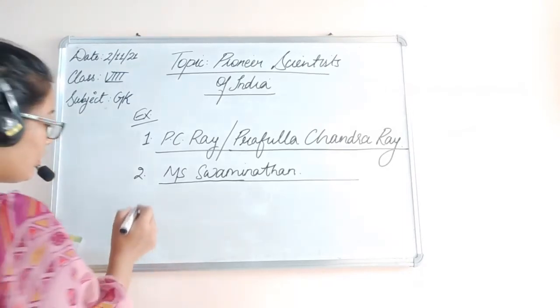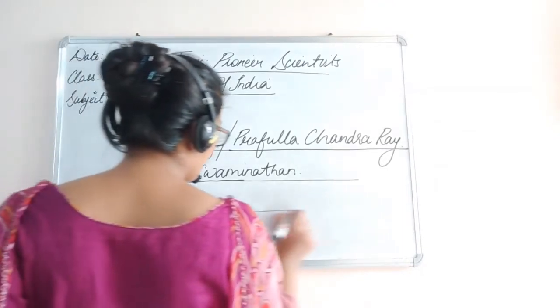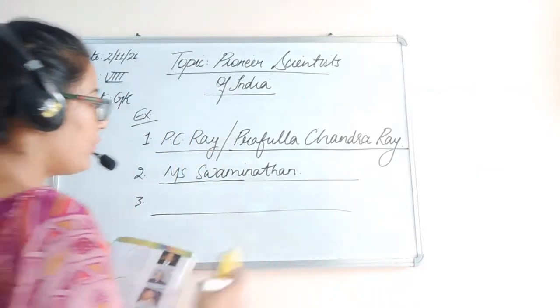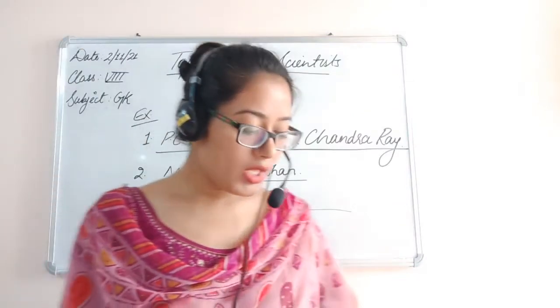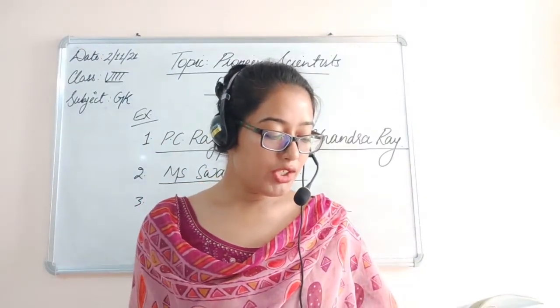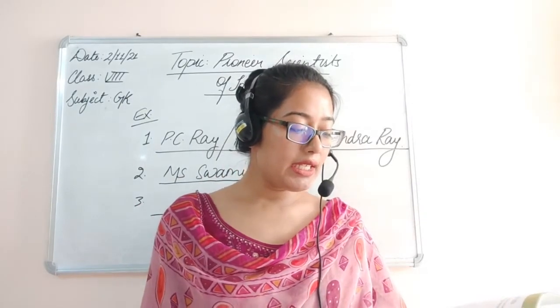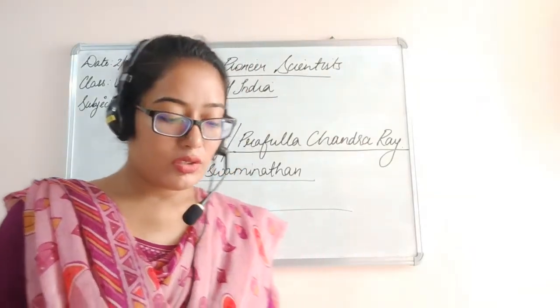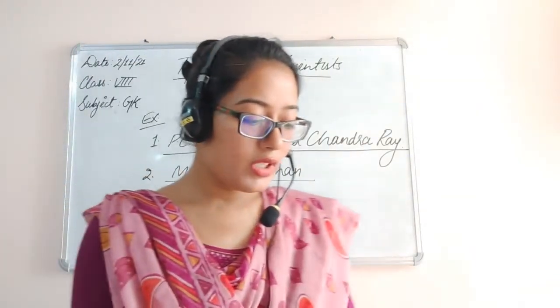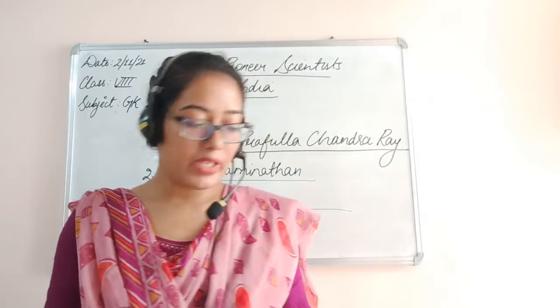Now let's move on to the third one. Who is the third person that we are going to talk about? He was a great mathematician and a physicist. He introduced statistics which explain the behavior of radiation.